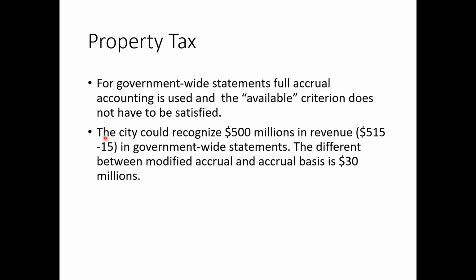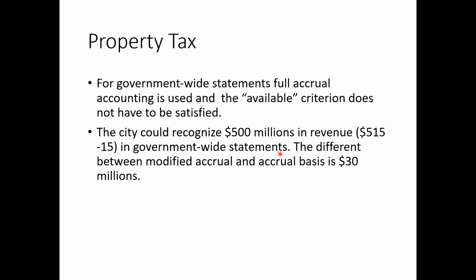Now let's take a look at the same example to see what's going to happen under the government-wide statement. Under the government-wide statement, the city could recognize 500 million in revenues, because that's expected to be collected.